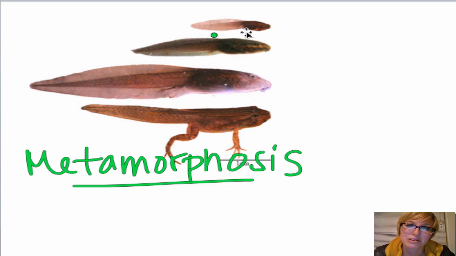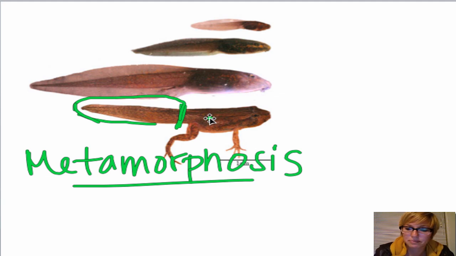So we have this weird little fishy tadpole-y thing, and eventually they grow legs and arms and their tails disappear. Well, what happens is during a specific point in their life cycle, lysosomes in the tail cells are triggered to digest those cells. So it's the lysosomes within the cells essentially destroying those cells. That is how tadpoles lose their tails.